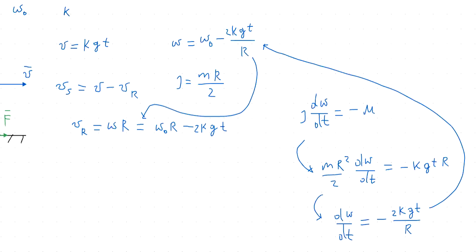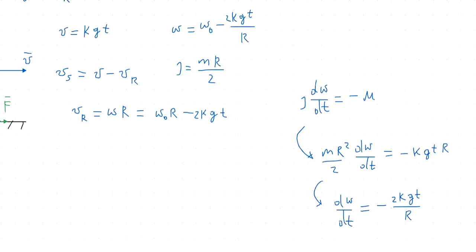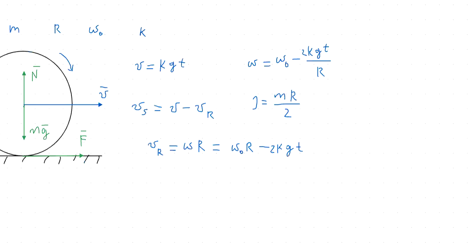Okay, and what can we say from here? From here we have that if there is no slipping, velocity of slipping will be equal to 0 when slipping ends. And from here we can find that V is equal to VR.